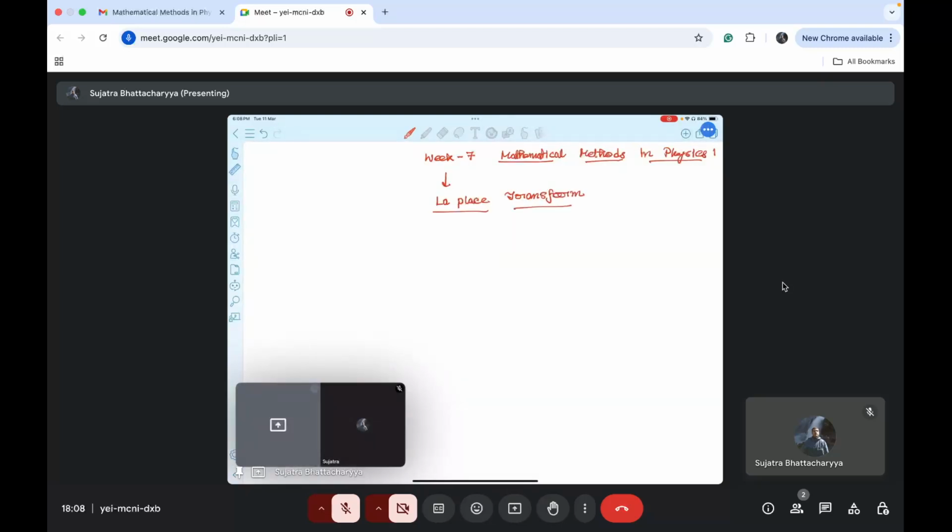We have already seen one of the transforms, which is the Fourier transform, where we use complex integrals like e to the power minus iota omega x or something, right? But the Laplace transform we will define, and we can also use it.